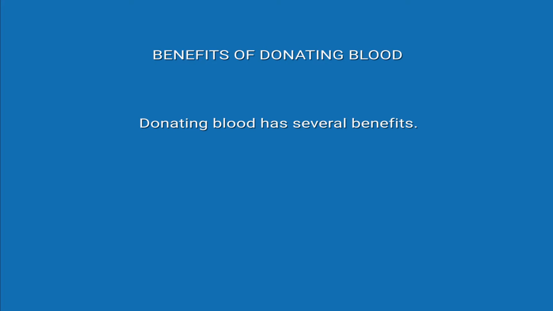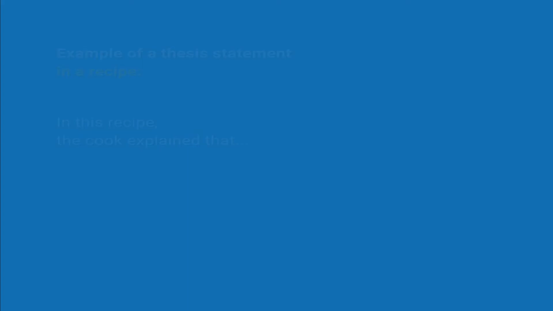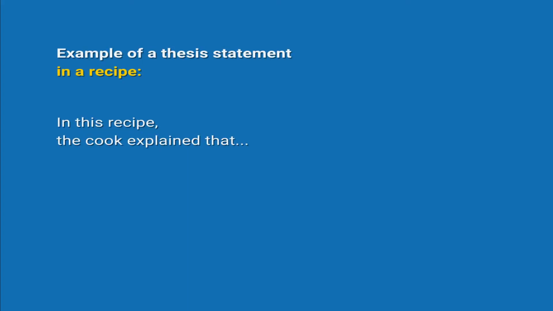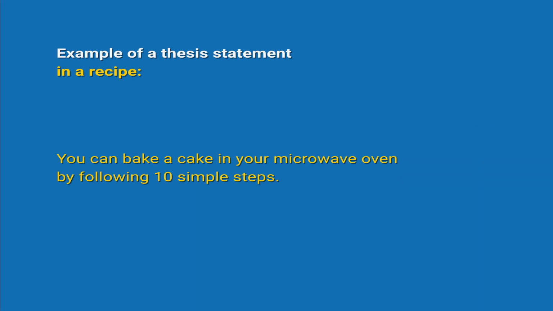It's a thesis statement. Does everything have a thesis? Well, if your ideas make sense, yes. Does a recipe have a thesis? How about this? In this recipe, the cook explained that you can bake a cake in your microwave oven by following 10 simple steps.